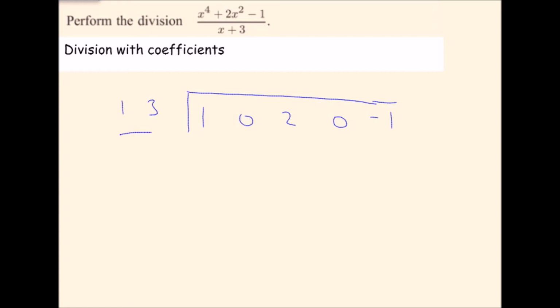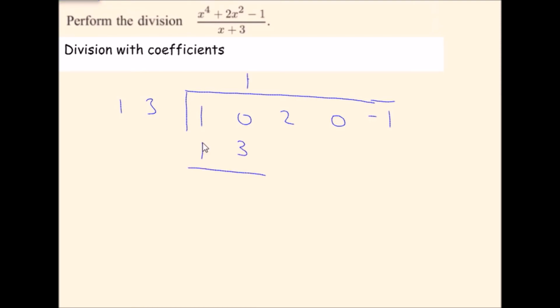Two terms here, start two places in. So times 1 by 1, times by the 1 and the 3 would give me 1, 3. Now subtract, I end up with minus 3 here, bring the 2 down, multiply the 1 here by negative 3 to make negative 3 down here, and also negative 9.